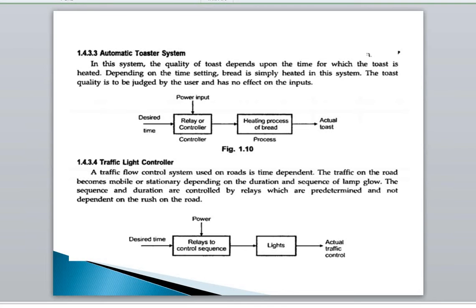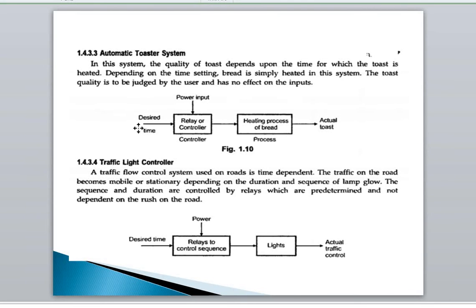Now, the automatic toaster system. I have discussed this in the class also. In this system, the quality of the toast depends on the time for which the toast is heated. Initially, by trial and error, you have fixed that maybe in 3 minutes the toast comes out perfectly.